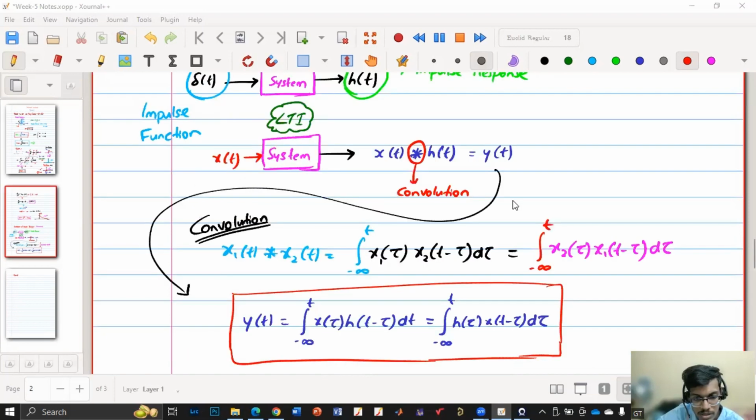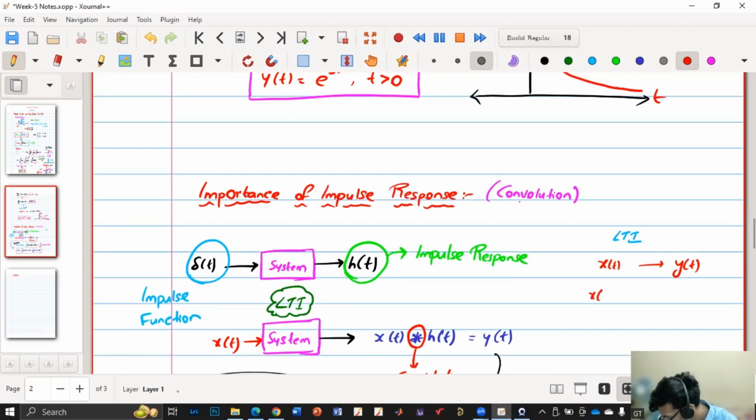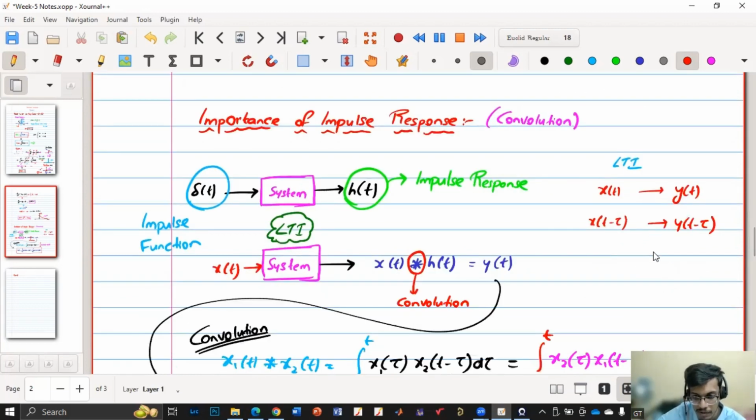So what happens to time invariant? When I say linear time invariant, say input is x of t and my output is y of t. If input is x of t minus tau, then my output is y of t minus tau. These are called linear time invariant systems.